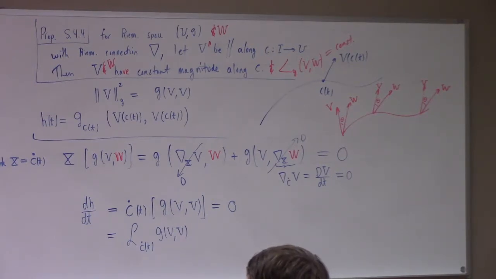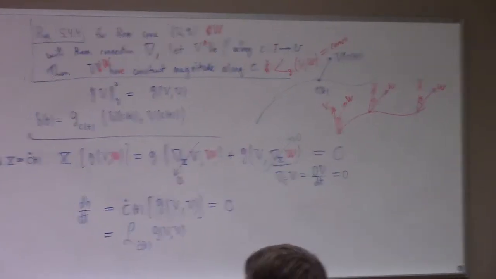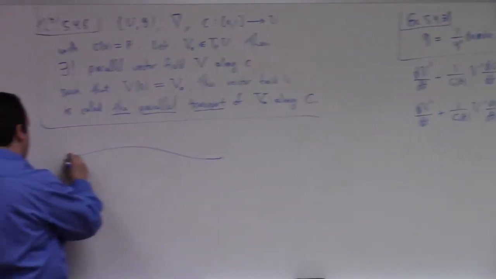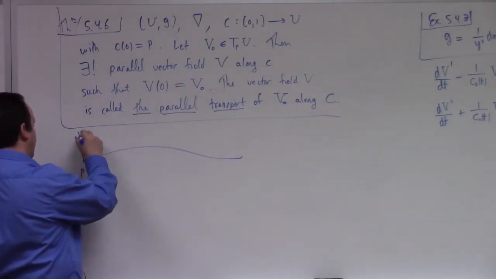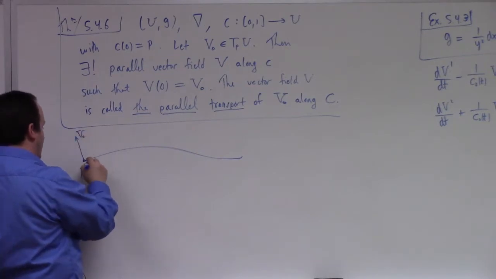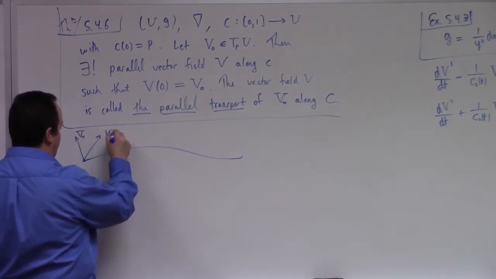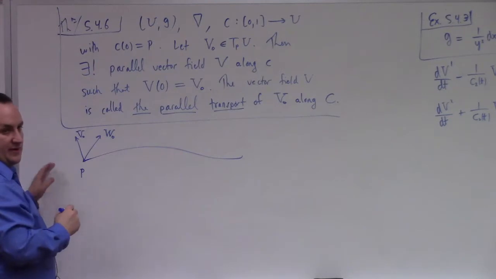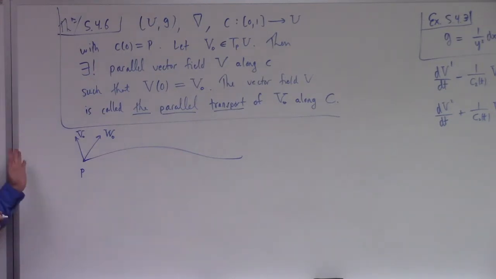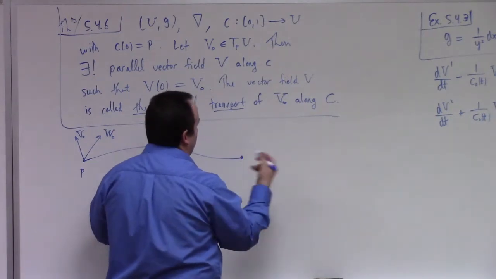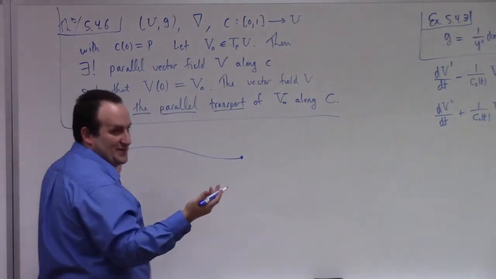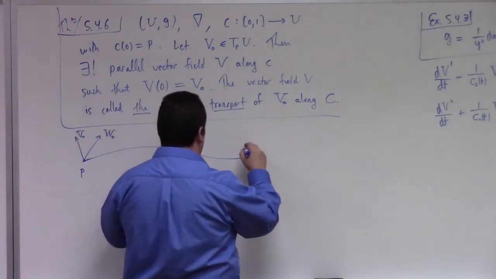What makes the previous two theorems interesting is that if you have a curve, and you start out with my point P, and you start out with a vector V naught, and another vector W naught, you can look at the parallel transport of each of the vectors separately. I need some notation for it. What do you guys want me to use?